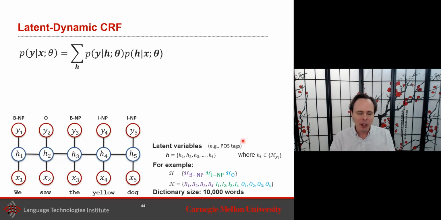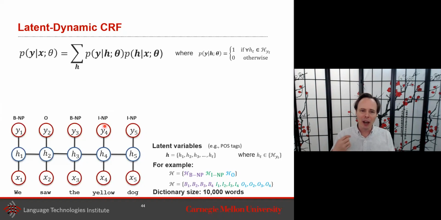And what you will do is you will have some hidden states associated with the beginning of a noun phrase, some hidden states associated with the others, and then some for continuation.